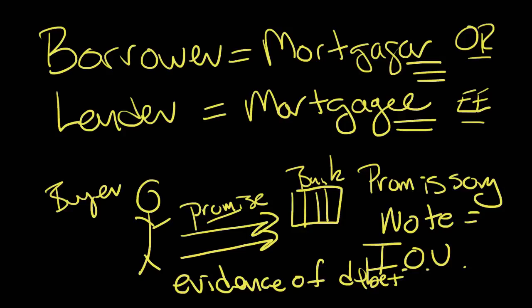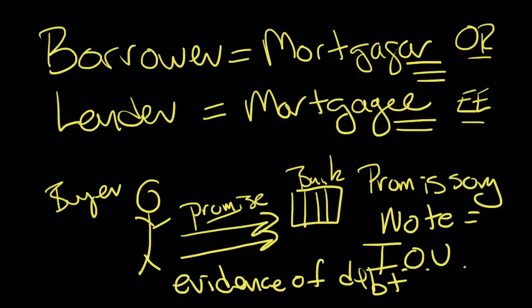So the promissory note is the IOU, or officially the promissory note is the primary evidence of debt. Okay, so in that case, what's in this note is very, very important.